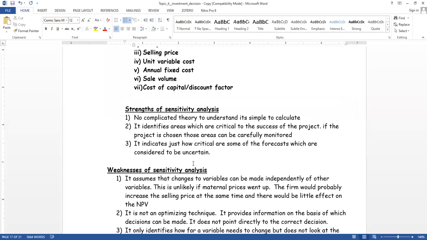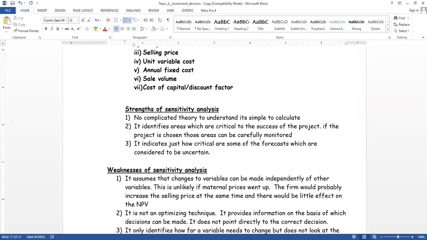Then also another strength of this sensitivity is that it identifies areas that are very critical to the success of the project. So if the project is undertaken, then those areas can be carefully monitored, especially those that you see are more sensitive. Any slight change may really make your project not viable. You critically monitor those areas so that there is nobody messing up.